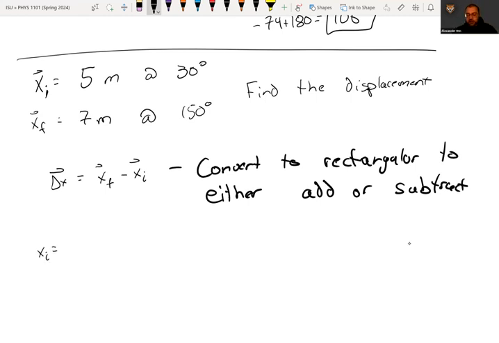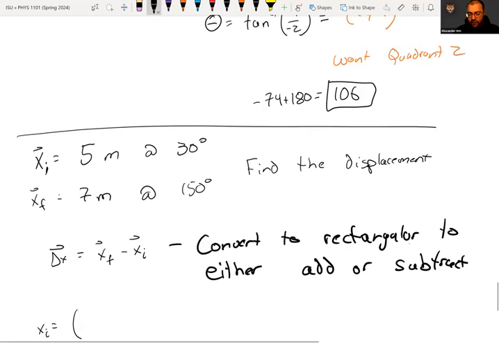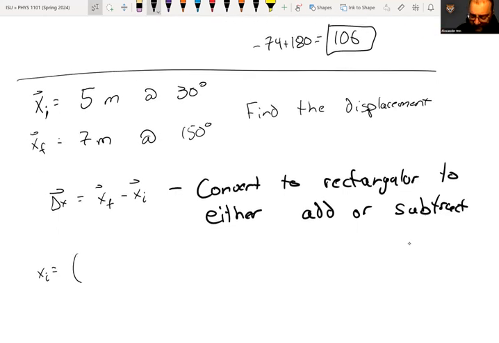In order to find this, as a reminder, the x component, and you can visualize this if you want to, we talked a little bit about this, is 5 cosine of the angle times the magnitude being the hypotenuse. So it's 5 cosine 30 and then 5 sine 30. This is something you can more or less remember.